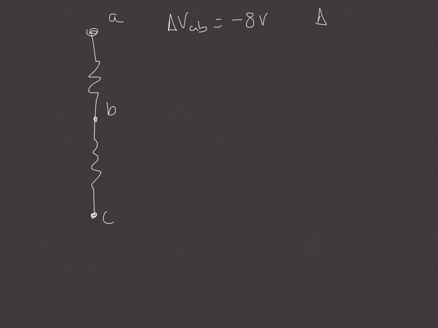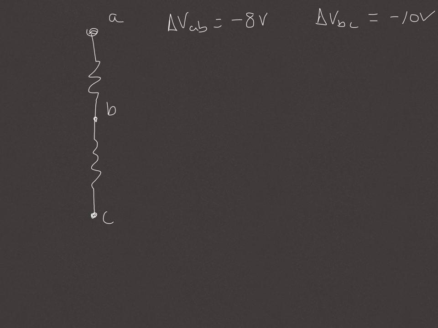And the change in potential from B to C is negative 10 volts. So it really doesn't matter how much voltage we put at point A, as long as from A to B we lose 8, and from B to C we lose 10.